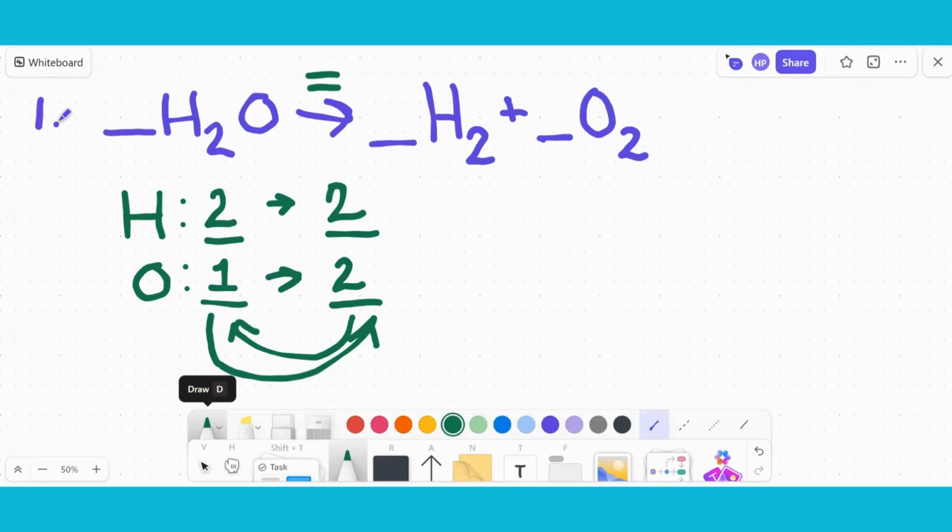But since the oxygens are uneven, we need to alter them in this way. The coefficient, or the big number out front, is a multiplication factor. So you would imagine that the 2 that I wrote here is being multiplied by both the subscripts in that compound.